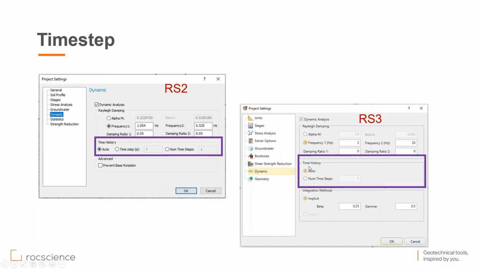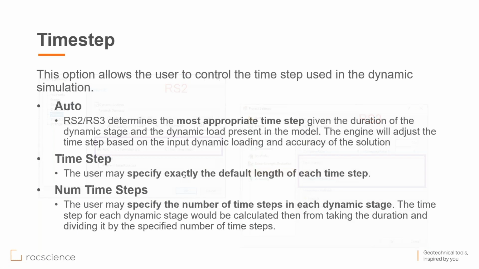And here are the options for the time step in RS2 and RS3. We have 3 options for the user. The first option, which is also the default option of RS2 and RS3, is the auto option. If you select this option, the program will automatically calculate the most appropriate time step.